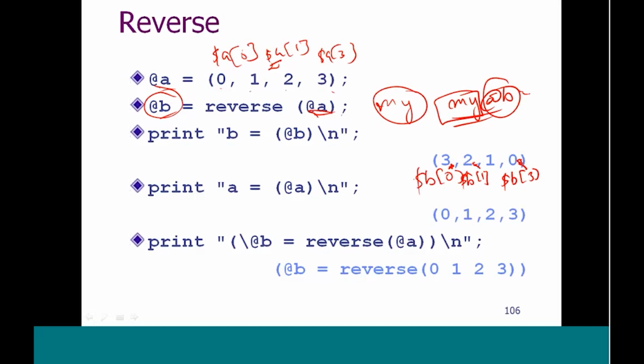All have a dollar in front. In this example, we are printing the corresponding $A from 0 to 3. You can see that it's 0 to 3, the values themselves, whereas for B, $B[0] corresponds to 3, and $B[3] corresponds to 0.